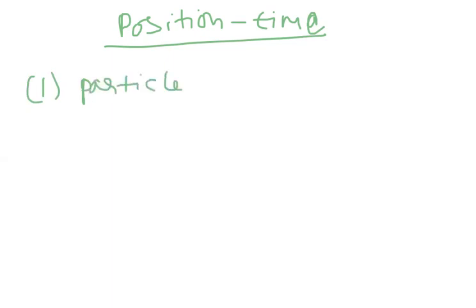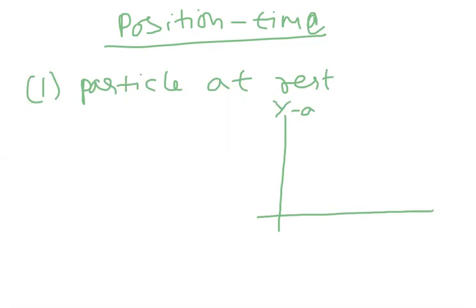How do we plot the position time graph if a particle is at rest? So this is the y-axis and this is the x-axis. Along the x-axis, I am taking time, and along the y-axis, I am taking the position. So now the particle is at rest.